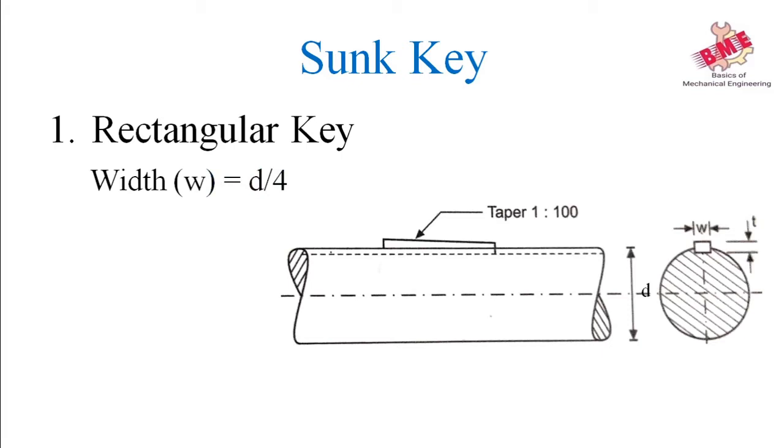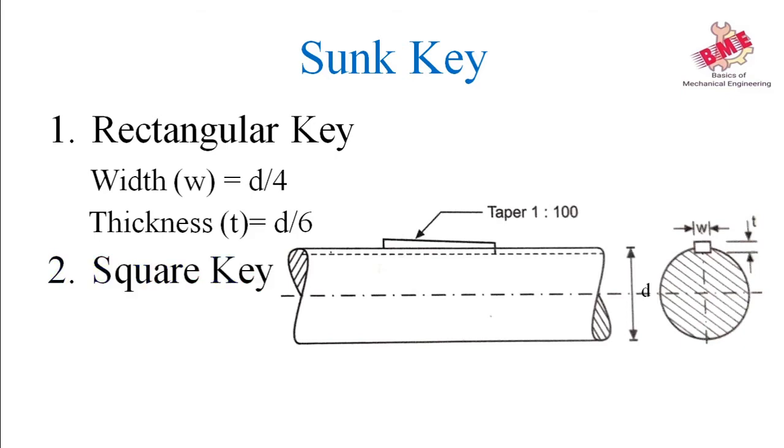Width is calculated by w = d/4, where d is diameter of shaft, and thickness of key is determined by t = d/6. From that we can get the dimension of rectangular key.